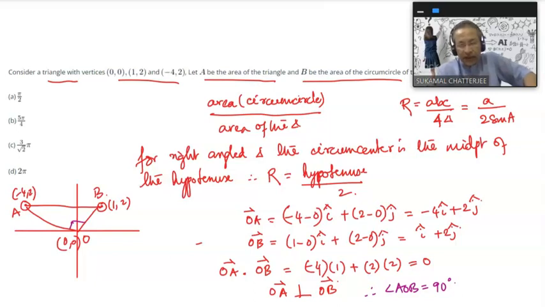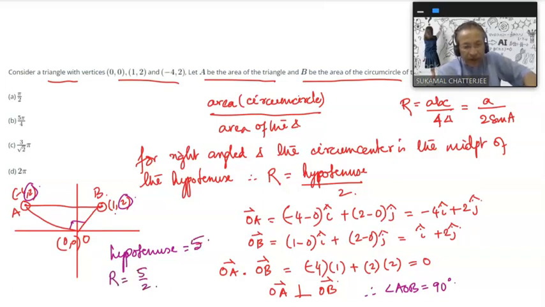So then the circumradius will become half of the hypotenuse. Here AB is the hypotenuse, and as you can see, the y coordinates are the same, which are 2 and 2. So the x coordinates are -4 and 1. So the hypotenuse of this is 5. So the circumradius will be 5 by 2.